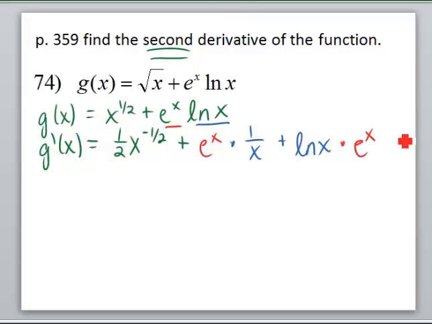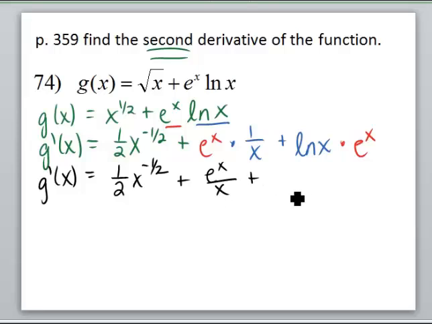At this point, before I take the derivative again, I'm going to simplify this. I'm going to say that g prime of x is equal to 1/2 x to the negative 1/2. And I'm not going to simplify that because I'll end up having to do that again when I take the derivative. Plus e to the x over x plus ln x e to the x.